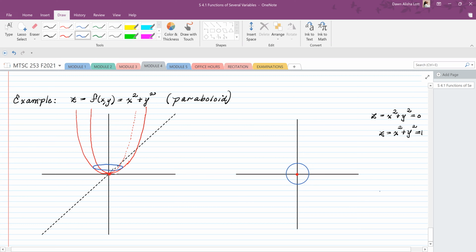So I'm taking the blue thing in the 3 dimensions, and pushing it down on the 2 dimensions. Now, this is Z is equal to 4. Well, that's just a circle of radius 2.